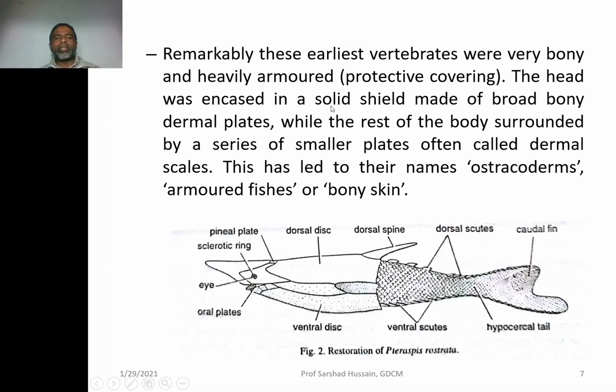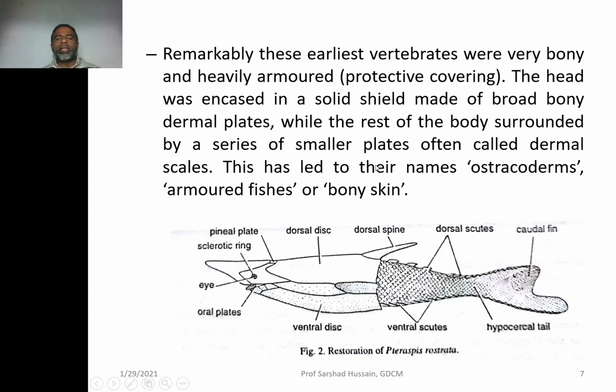The head is encased in a solid shield made of broad bony dermal plates, while the rest of the body is surrounded by a series of small plates, often called dermal scales.